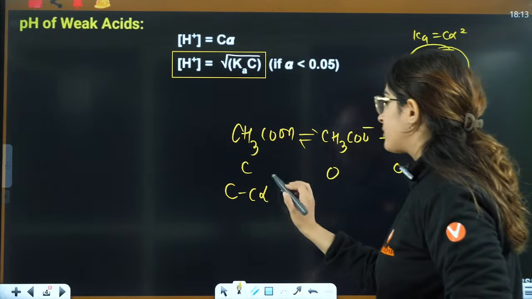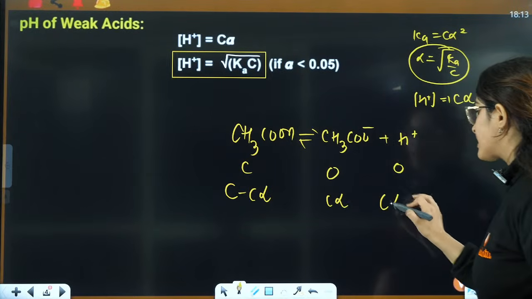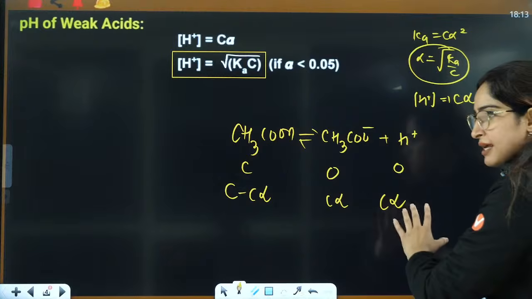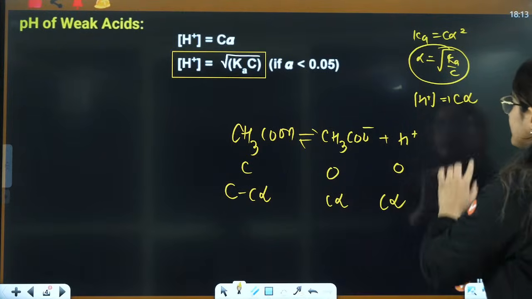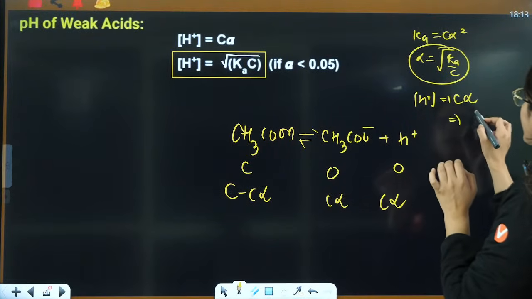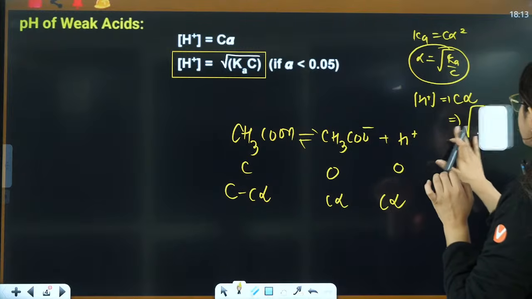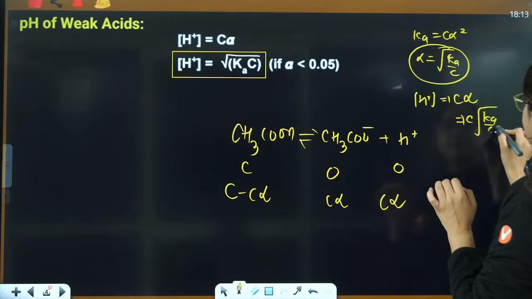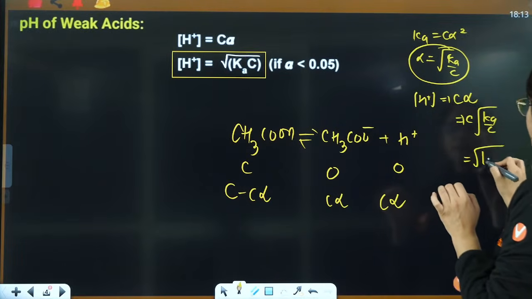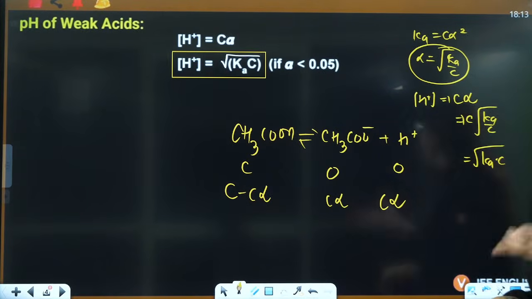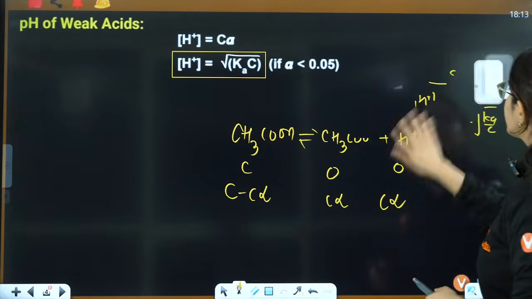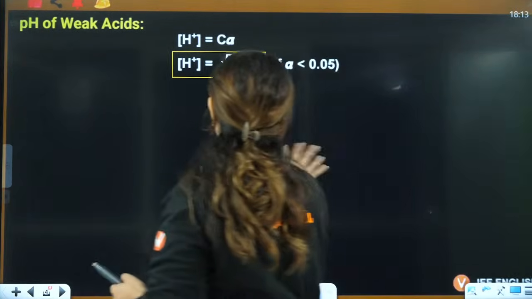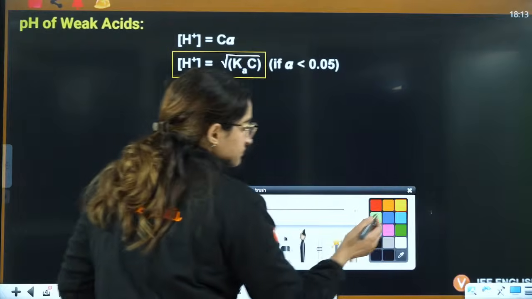At equilibrium, it will become C minus C alpha, C alpha, C alpha. So H positive was C alpha, right? So that's how you put the value of C alpha here. This is C into under root of Ka by C. This will cancel and it will be under root of Ka into C. That's how we derived this, right? This is a recap of the previous lecture.